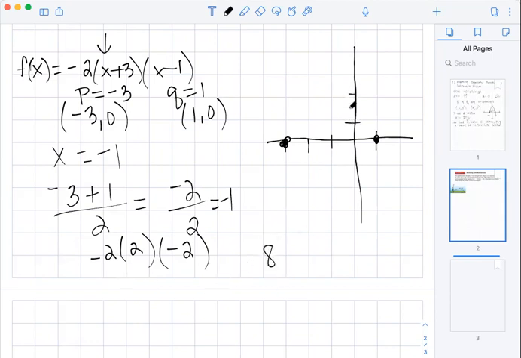So all the way up here. I'm going to scale this by 2s. And there's our parabola. Now if you scaled it by 1s, yours will be much narrower. But yep, that's how you graph in intercept form.